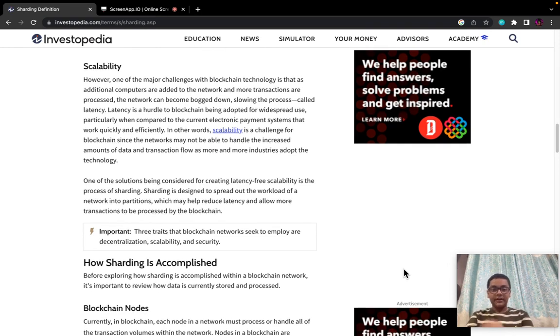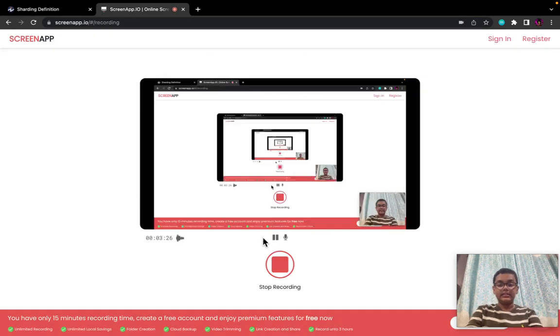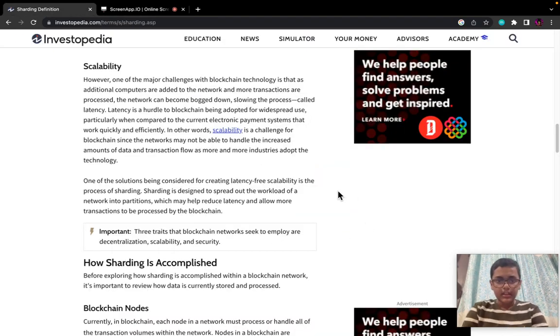Scalability. However, one of the major challenges with blockchain technology is that as additional computers are added to the network and more transactions are processed, the network can be bogged down, slowing the process, called latency.